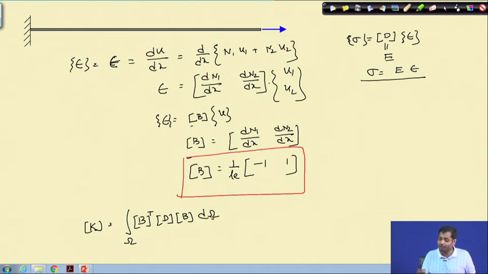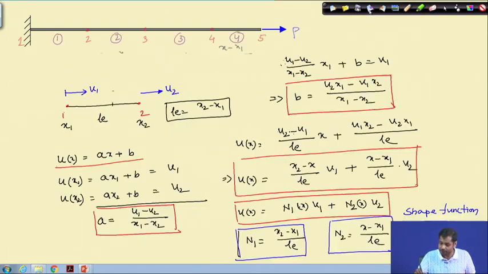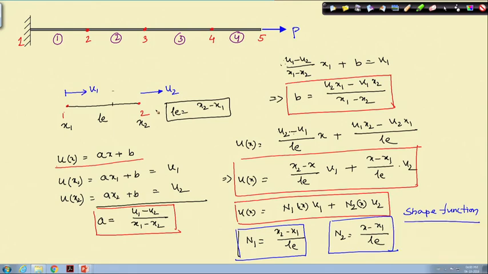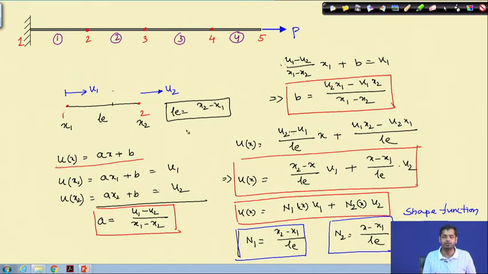In this case, the entire domain is the length of the member. So you can integrate from x1 to x2, or from 0 to L_E.